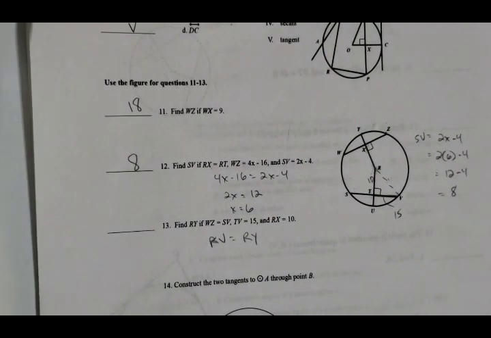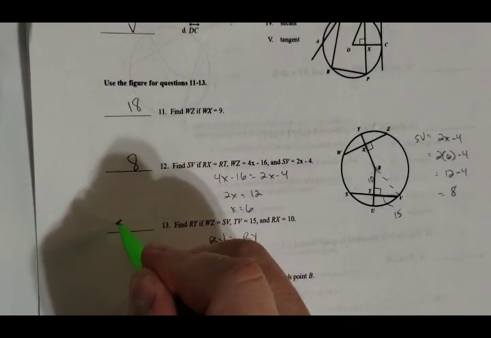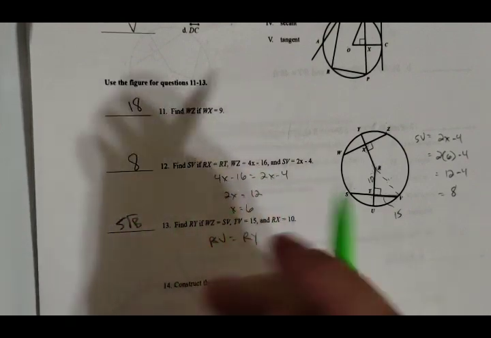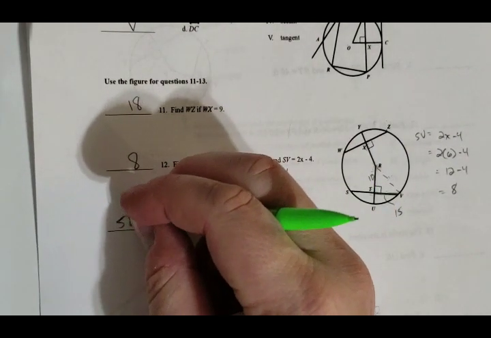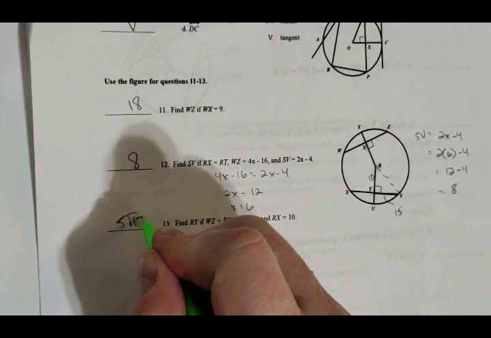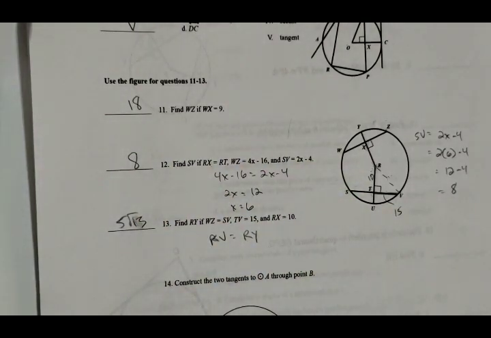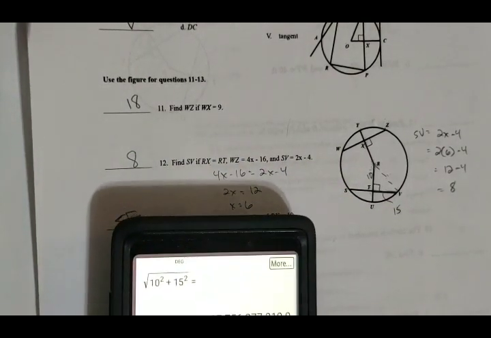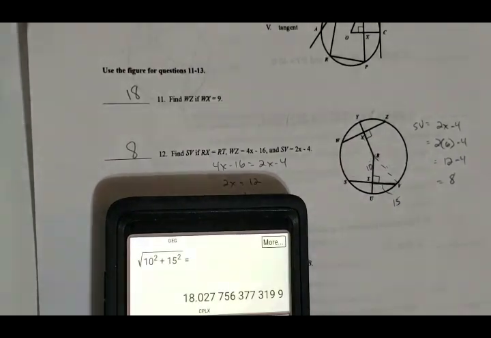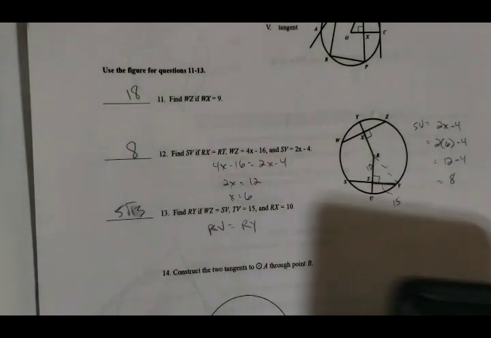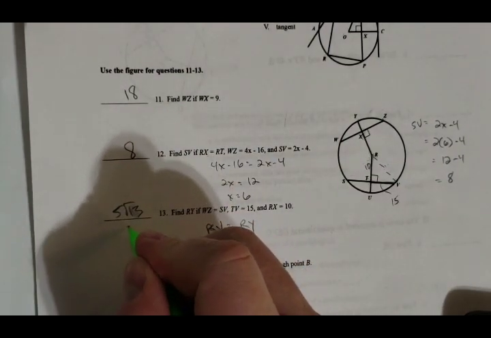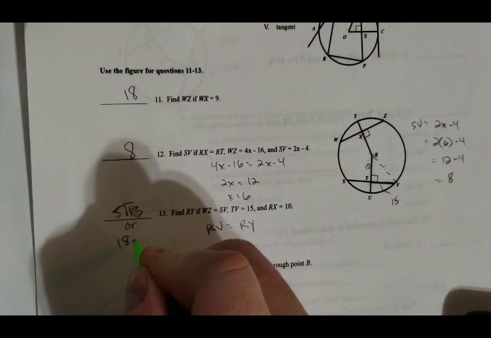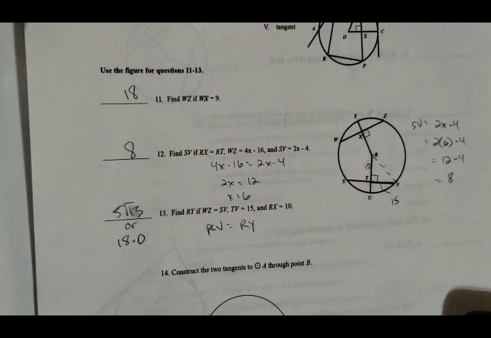I can just do that. 5 square root of 13, or if I want to write it as a decimal, that's going to be 18.0.